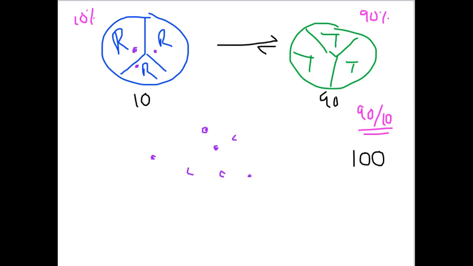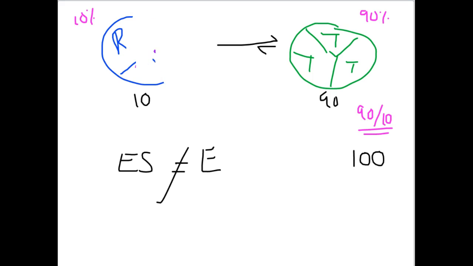So substrate binds to the R form, and it binds to all of the R form it can find, and as soon as we have it, enzyme substrate complex is a completely different thing than free enzyme. They are not one and the same. So now, once we have this substrate bound to the enzyme in the R form, we have no more free R form enzyme. We're down to none. It's all bound by substrate.